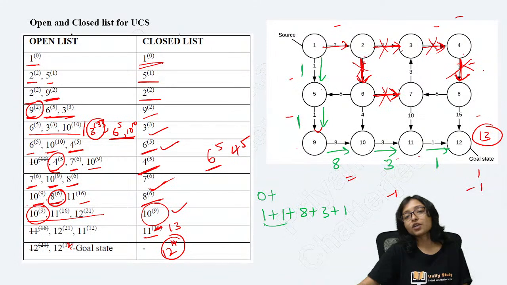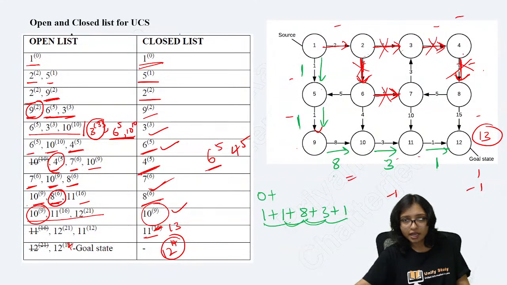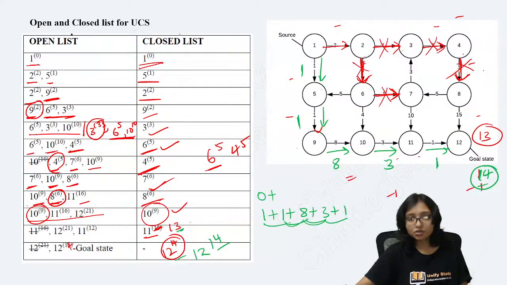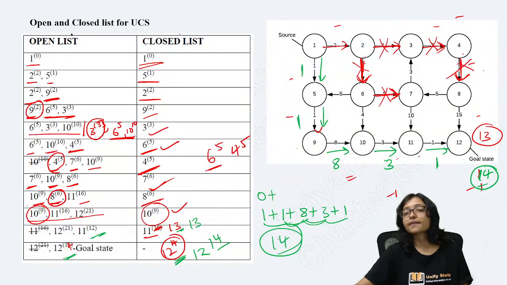So 1 plus 1, 2, 10, 13, and 14. Is there any mistake? Why is it coming 14? 12 was coming 14, right? Final value was 14. When we came to here, it was 14. Because this was 13, then this was coming 14. So that's why it came as 14.